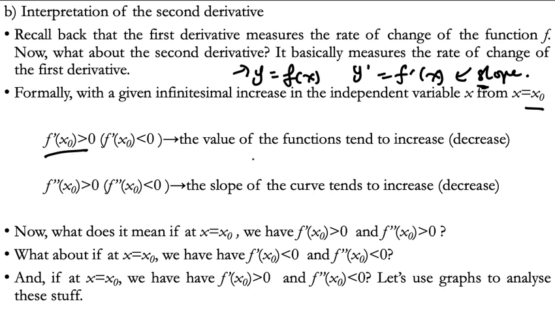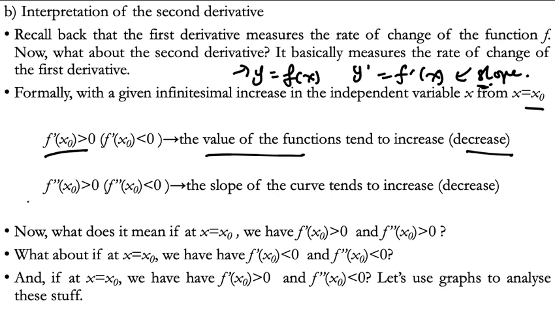When the curve is increasing, it means the value of the function tends to increase. On the other hand, if we get f prime x naught less than 0, it means the slope is negative. When the slope is negative, the value of the function tends to decrease.